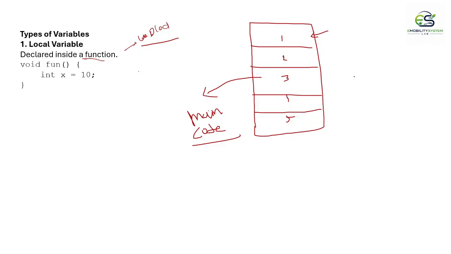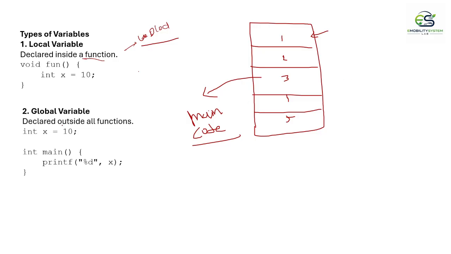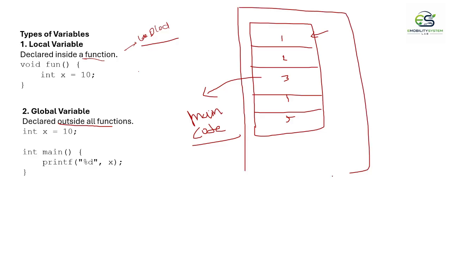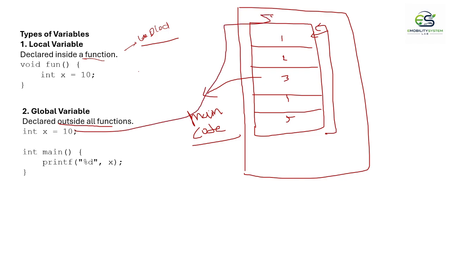We will also do some programs on function-related topics, but not now, in coming videos. Another type is global variables. These variables are declared outside all the functions. Suppose this section is your function-related section, and there would be some area outside of the functions where we define the global variable.